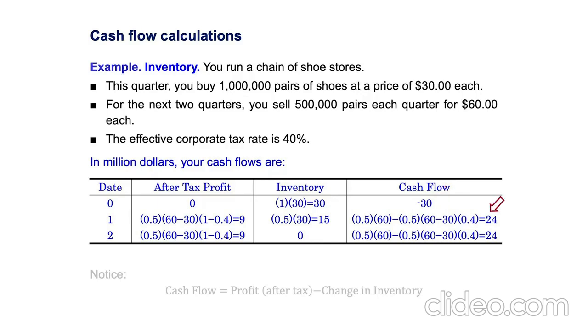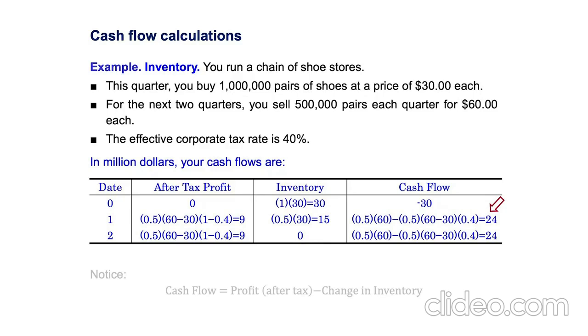In quarter 1, the revenue is 0.5 million pairs of shoes sold times the sales price of 60. That gives us $30 million. The tax bill is operating profit, which is 0.5 million times 60 minus 30, times the tax rate of 40%, which gives $6 million. Net of the two items gives an after-tax cash flow of $24 million. It's repeated in quarter 2.